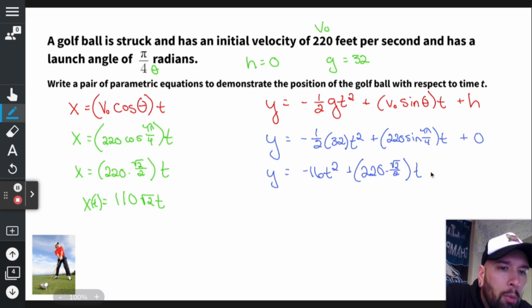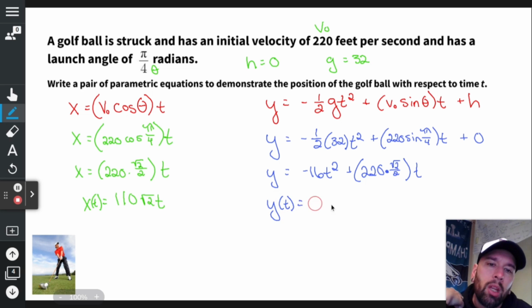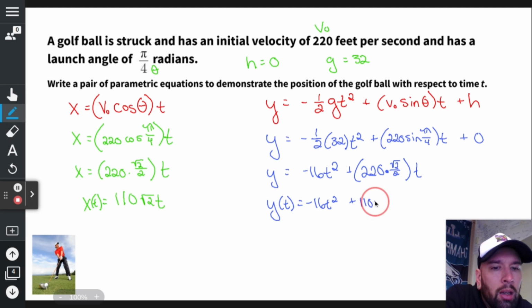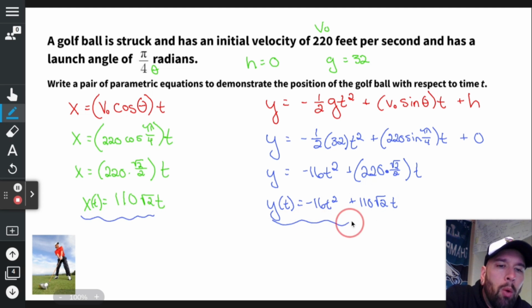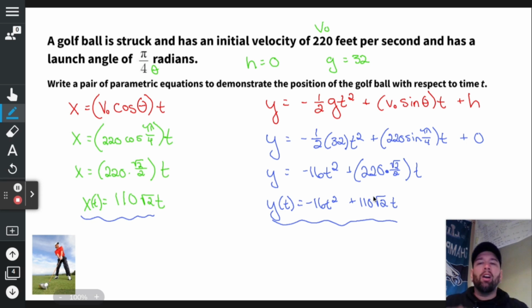So we're going to multiply those together. That is a times, not a minus. And then plus 0, I don't need it. So finally y of t is going to equal negative 16 t squared, plus, again, the same thing that happened here happens here, 110 root 2 times t. So that's my x, that's my y, and that's my pair of parametric equations.